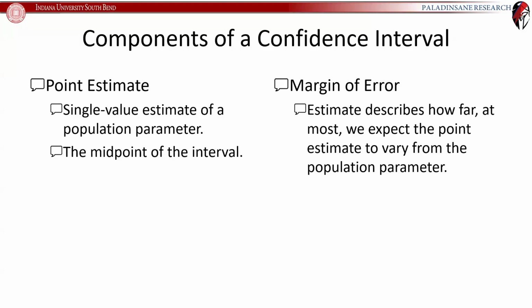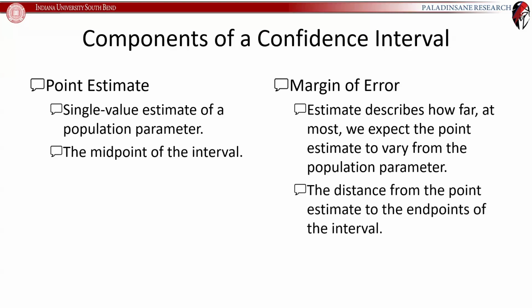It is the dead center of your confidence interval. And your margin of error is the distance from your point estimate, from the middle, to the endpoints of your interval. On the one side, a plus, and on the other side, a minus.